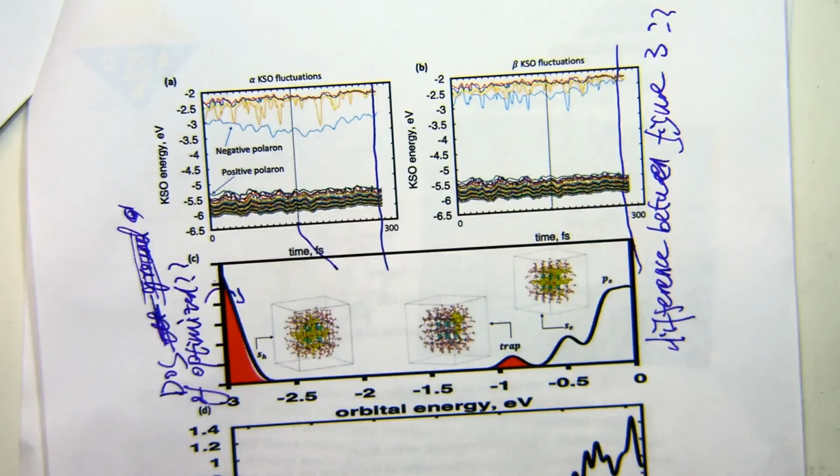I did that to try to understand what that blue line in the middle of the fluctuations chart was.